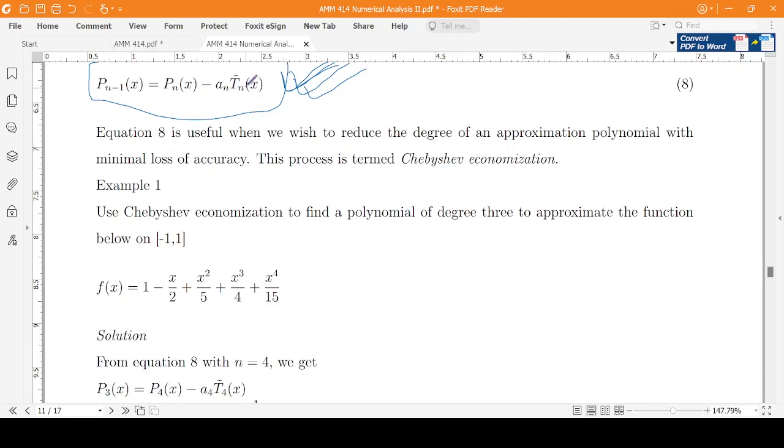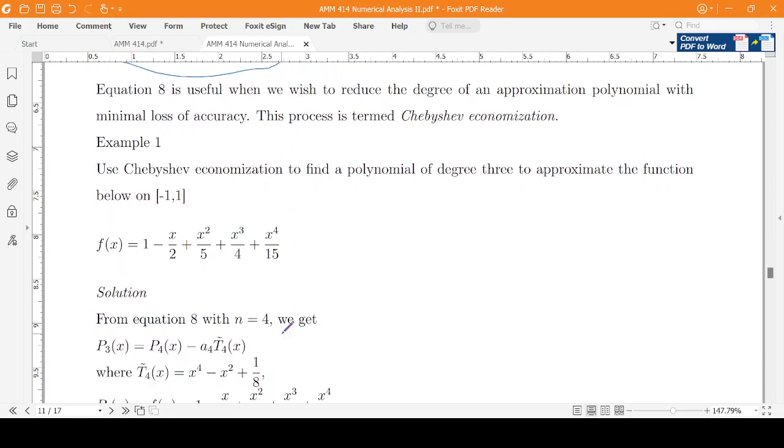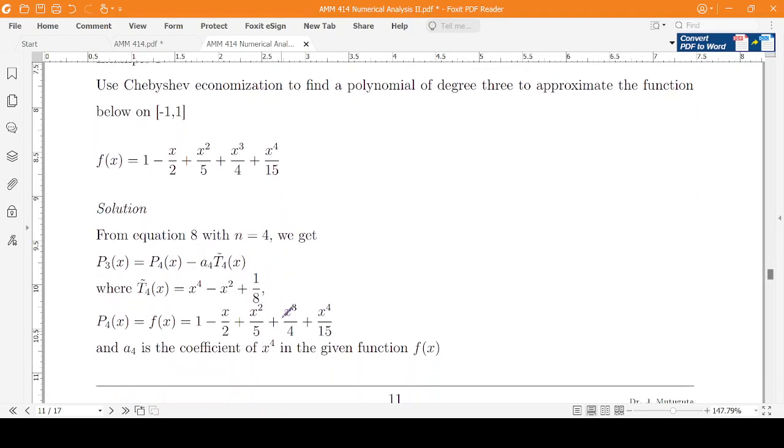Then Tn will be T4. So from equation 8 with n equal to 4, we shall get this equation. And remember, we had obtained T4 of x as 8x to the power 4 minus 8x squared plus 1.